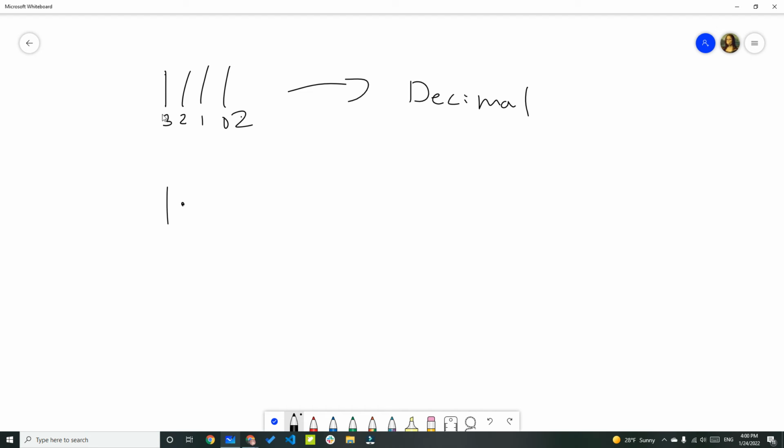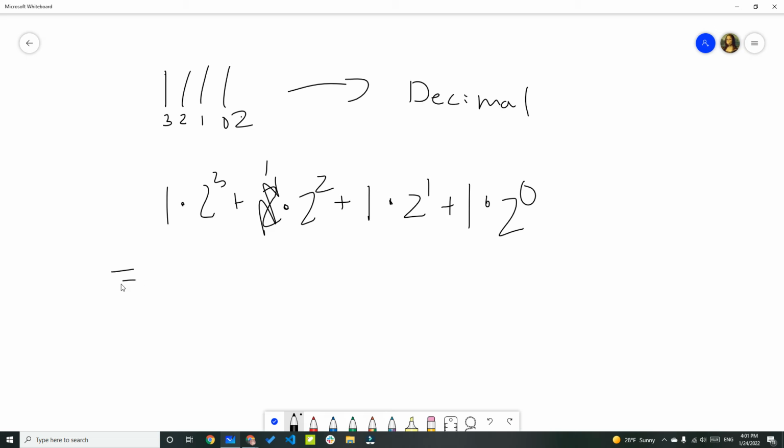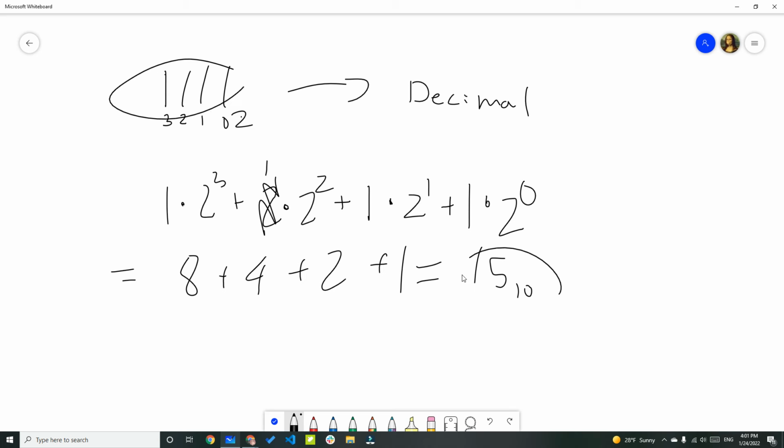So that's 1 times 2 to the power of 3, plus 1 times 2 to the power of 2, plus 1 times 2 to the power of 1, plus 1 times 2 to the power of 0, which equals 8 plus 4 plus 2 plus 1, that's 12, 14, and 15. So the decimal number of this is 15.